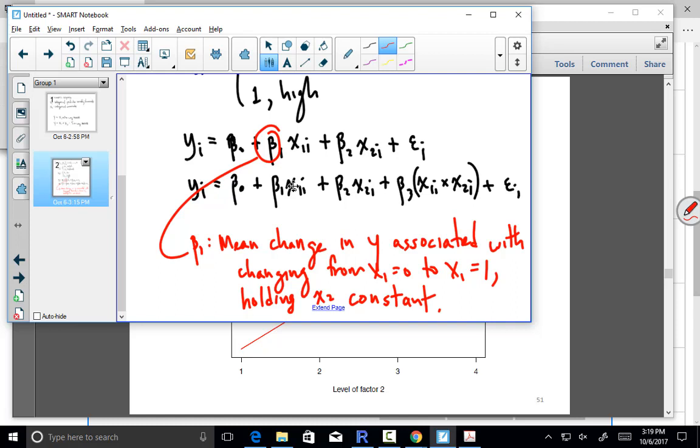The interpretation of that coefficient beta 1 is the effect of variable x1. Because there's not an interaction in the model, it is with respect to x2 being held constant. So it's kind of like the average effect of variable 1, where we've averaged over the levels of x2.